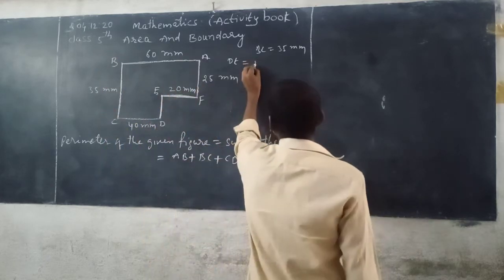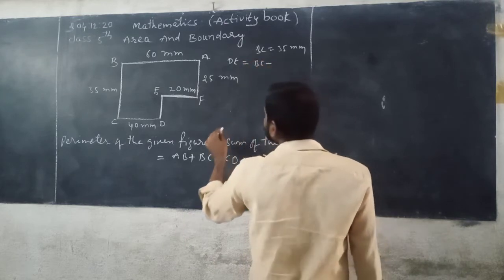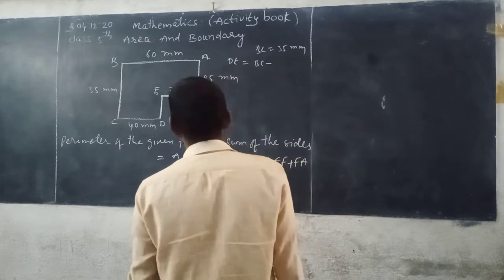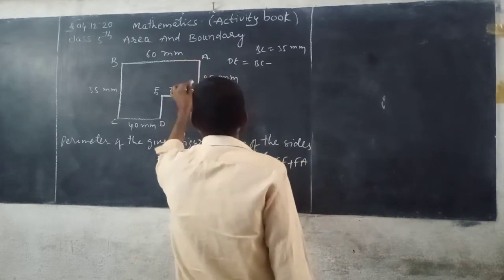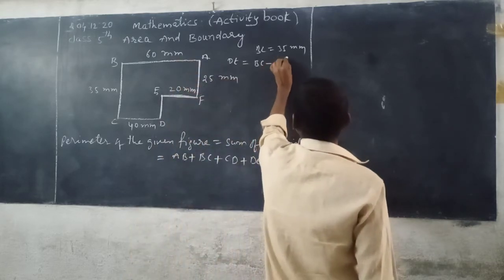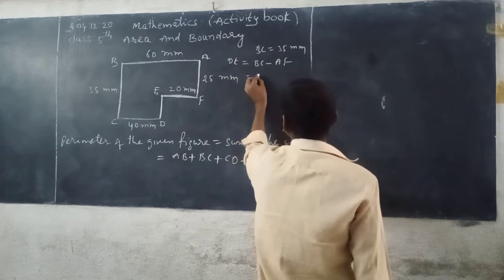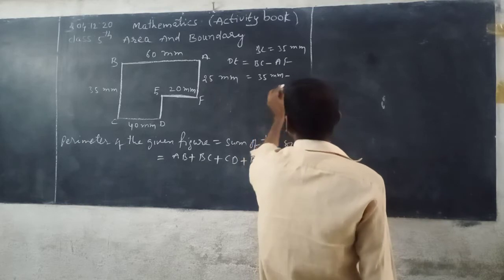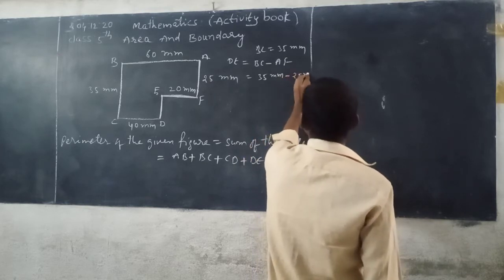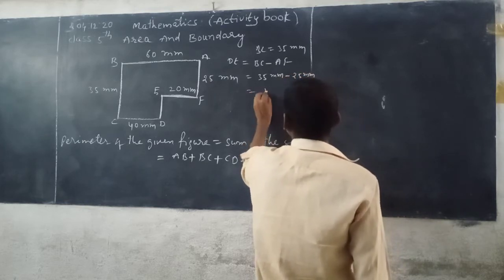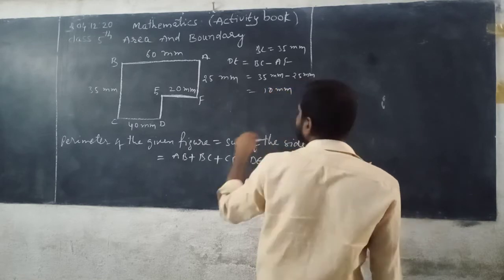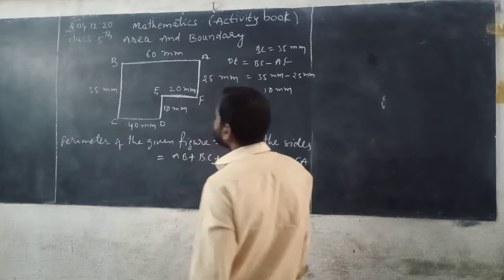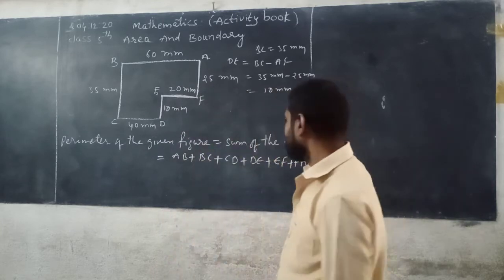So BC minus AF. You can get BC is equal to 35 millimeter minus AF is equal to 25 millimeter. You can get 10 millimeter. So this is 10 millimeter.